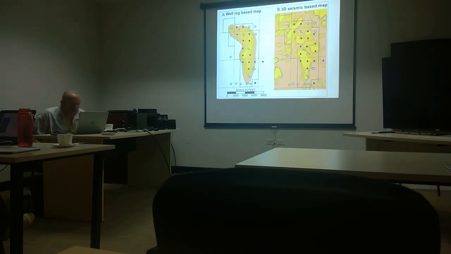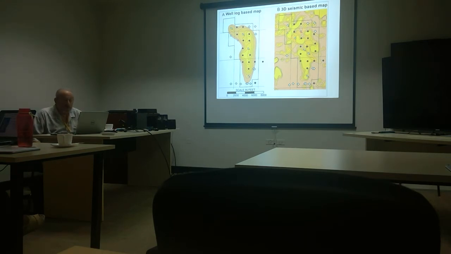This is an isopach map, but in this particular case, 3D seismic was shot over the area, and it was very useful because what you saw then was a highly compartmentalized reservoir. It wasn't like this at all, but the 3D seismic showed that you had all these isolated or semi-isolated sand bodies.